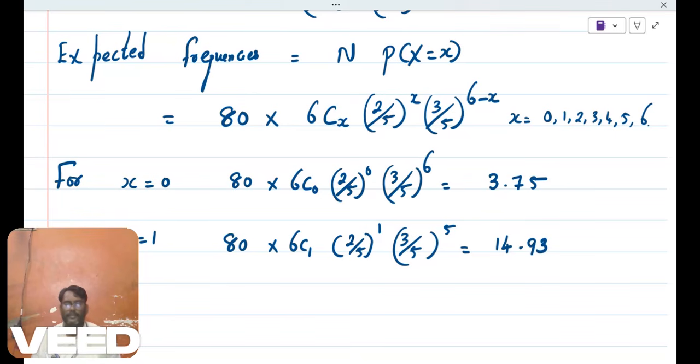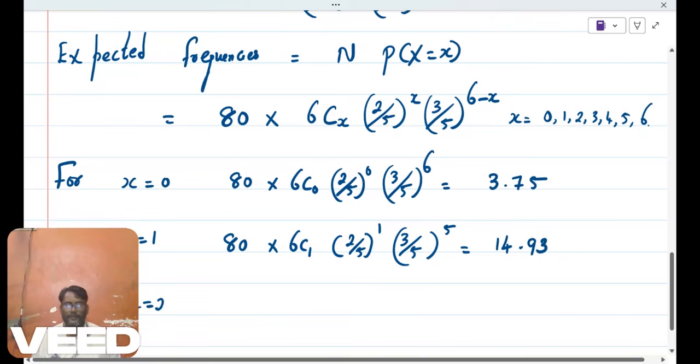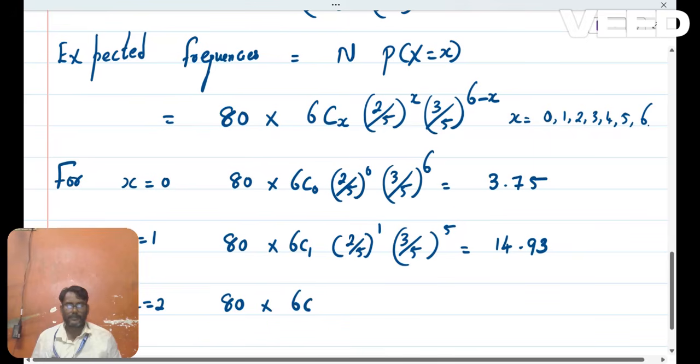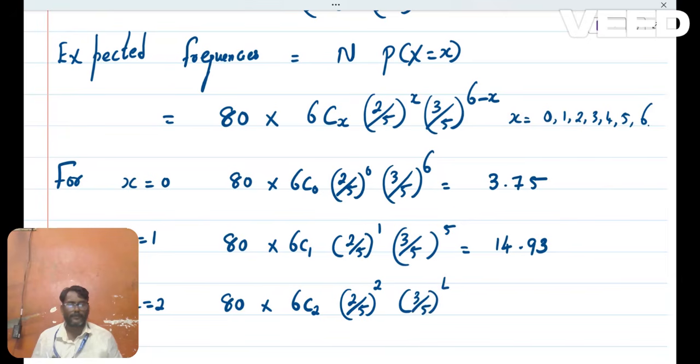Next, for x is equal to 2, we get 80 into 6C2, 2 by 5 raised to the power 2 into 3 by 5 raised to the power 4.